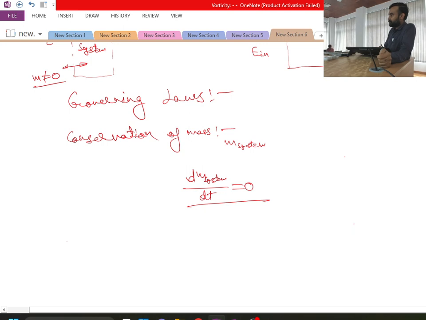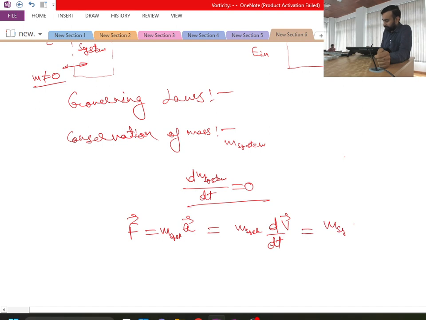Then the second law we can talk about is Newton's law of motion. So here, as per this law, if I have to determine force, that will be nothing but mass of system into acceleration. Okay, and that can also be written as mass of system into d by dt of v vector. And ultimately it can also be written as d by dt of mass of system into its velocity vector.